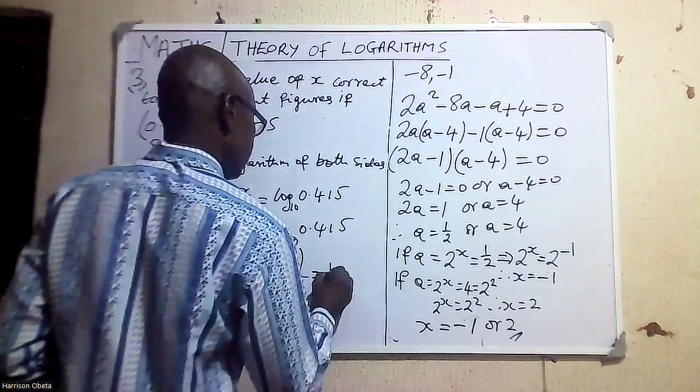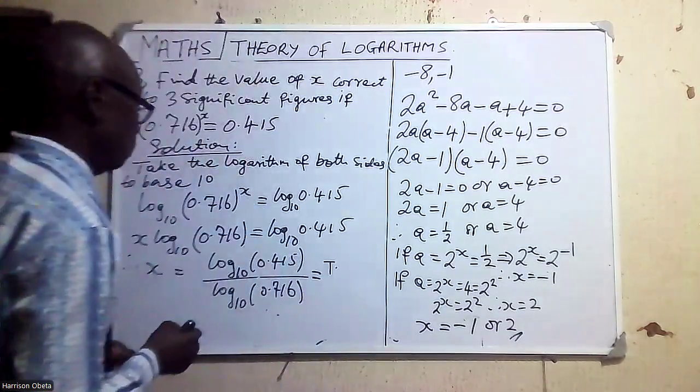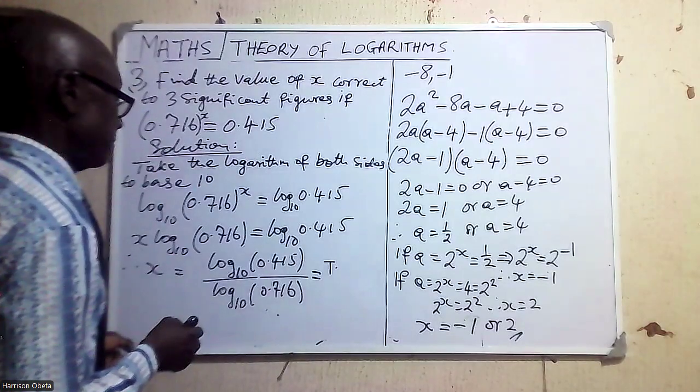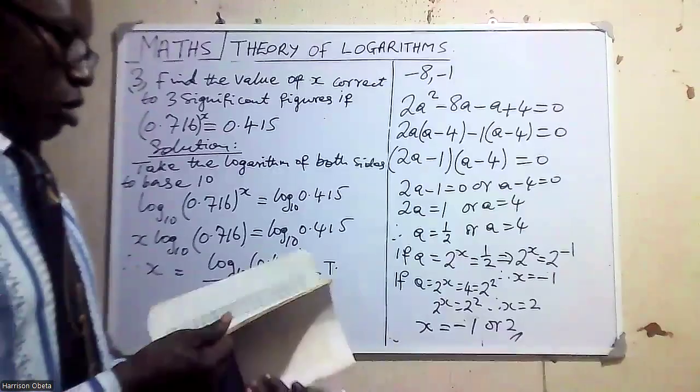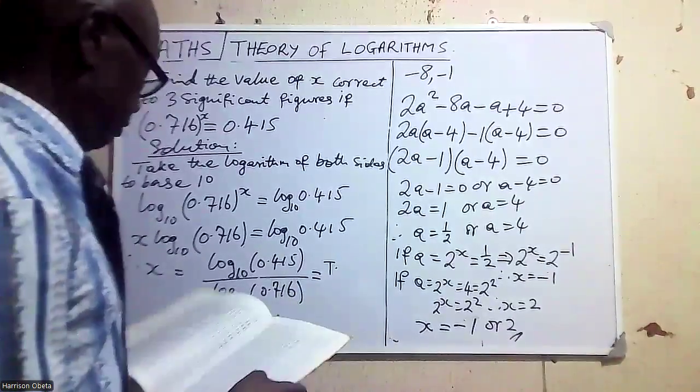So this is bar 1 point. Yes, bar 1 point. So we'll go to the log table and check.